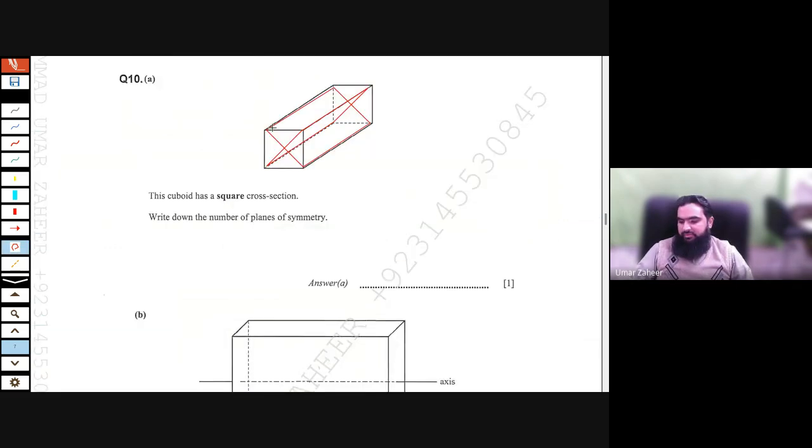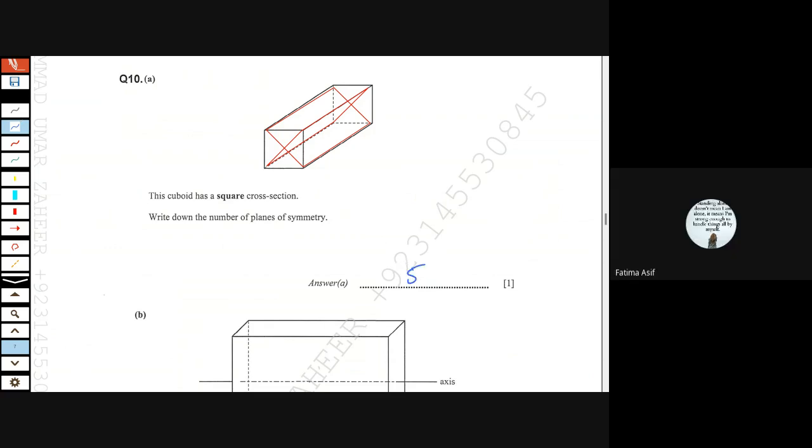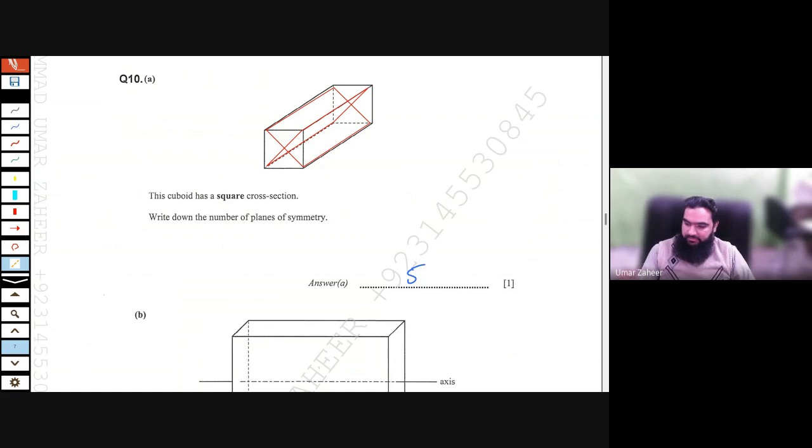These are the 3 here. 1, 2, and 3, like this. And the 2 are diagonals. So how many do we have? 5. All right.